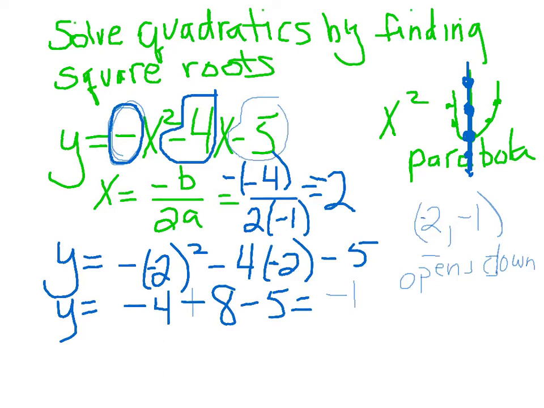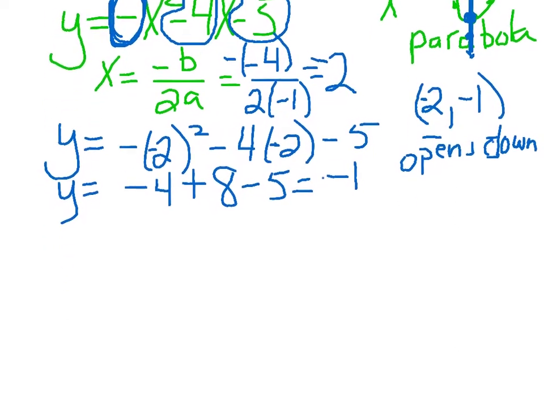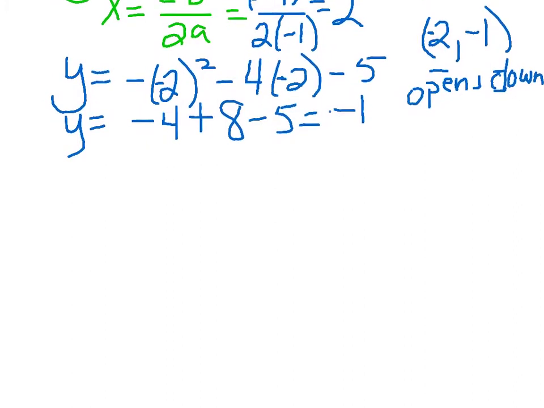So let me move this up and get some free space. And then let's go ahead and graph this. So here's my line of symmetry at negative 2. My vertex at negative 2, negative 1.